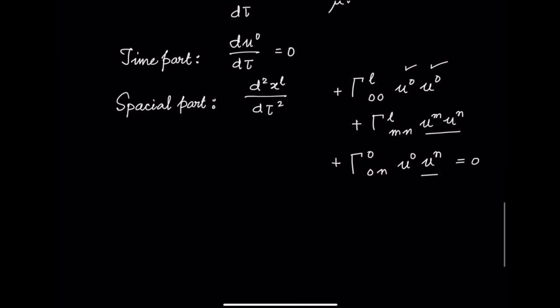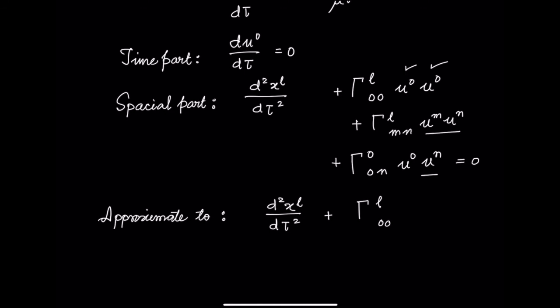So I can approximate this. Only the first term will survive. u0 is just c, so u0 squared is c squared, and I can write a gamma, but that's 1. So this equals 0.